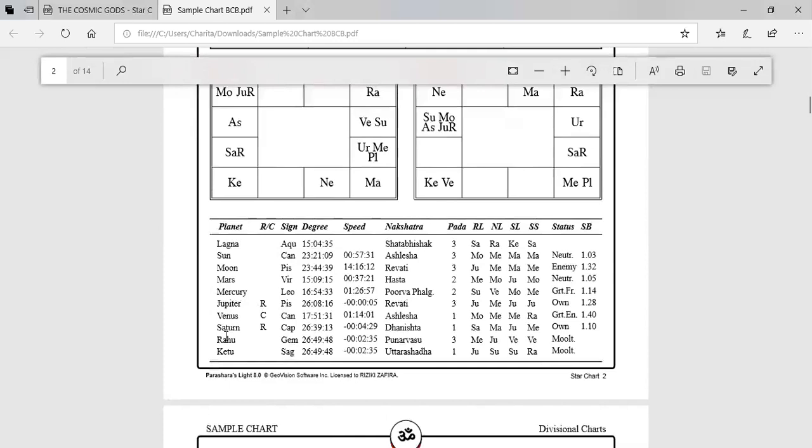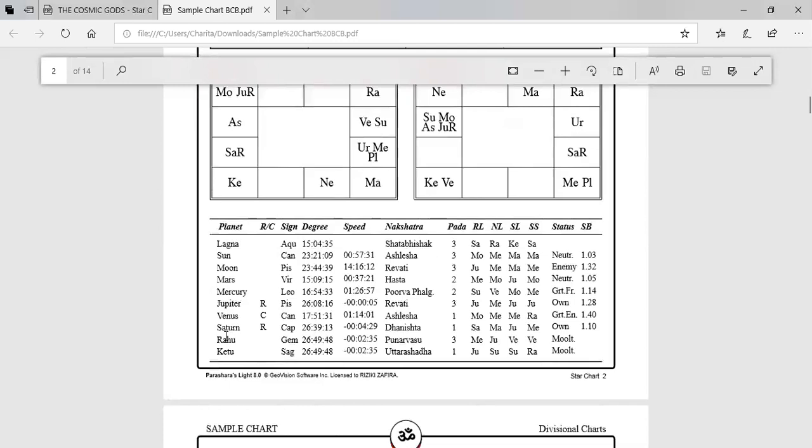Pluto isn't even really an actual physical planet, but the Western world incorporated it. I incorporated it in your chart because I understand a lot of you are coming from the Western perspective, but also because Uranus, Pluto, and Neptune are beyond Saturn, beyond a certain boundary in space.